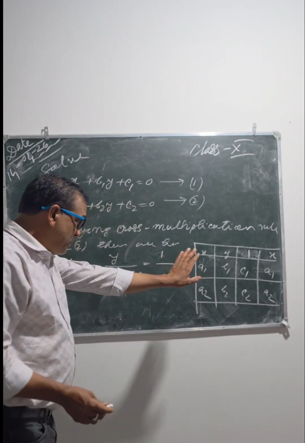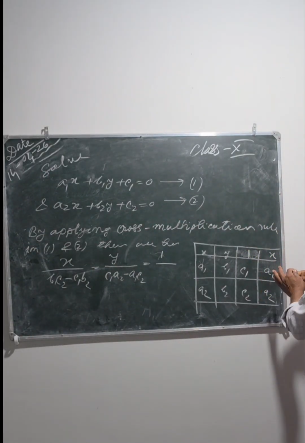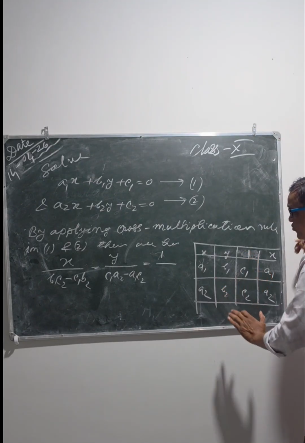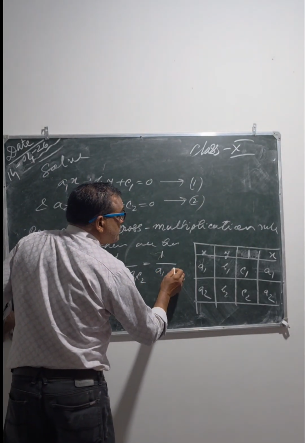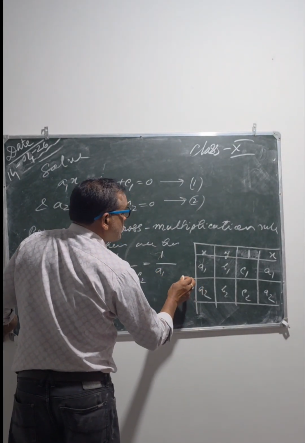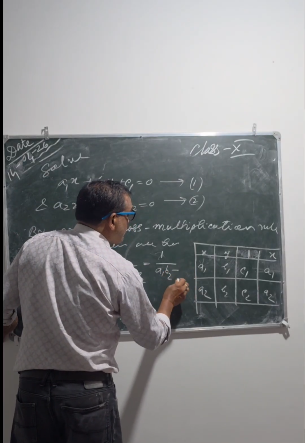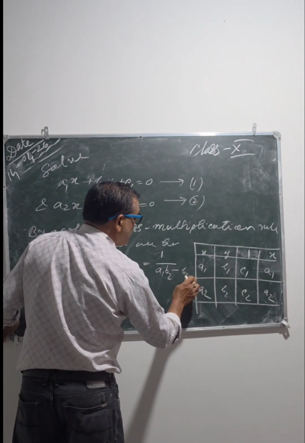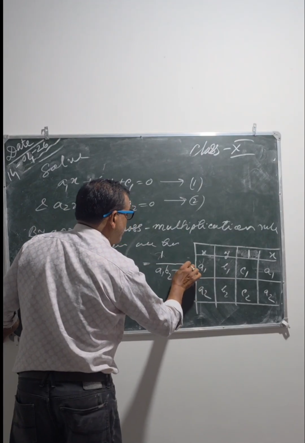Then whenever we write below 1, we have to omit the coefficient of the constant term, then in between the coefficient of x and y we have to cross. That is a1 b2 minus b1 a2.